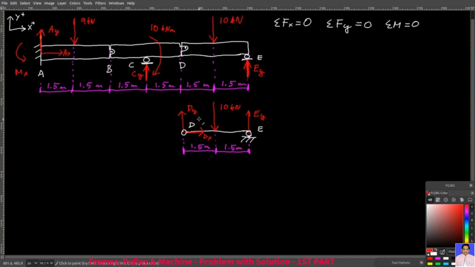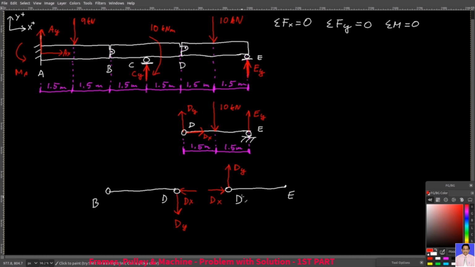Note that we did not draw DX and DY on the free body diagram that was drawn for the entire three-member structure, because in the general free body diagram, DX and DY are internal forces. If you look at the members BD and DE, then at D, both members have DX and DY, but they are in opposite directions because of Newton's third law.